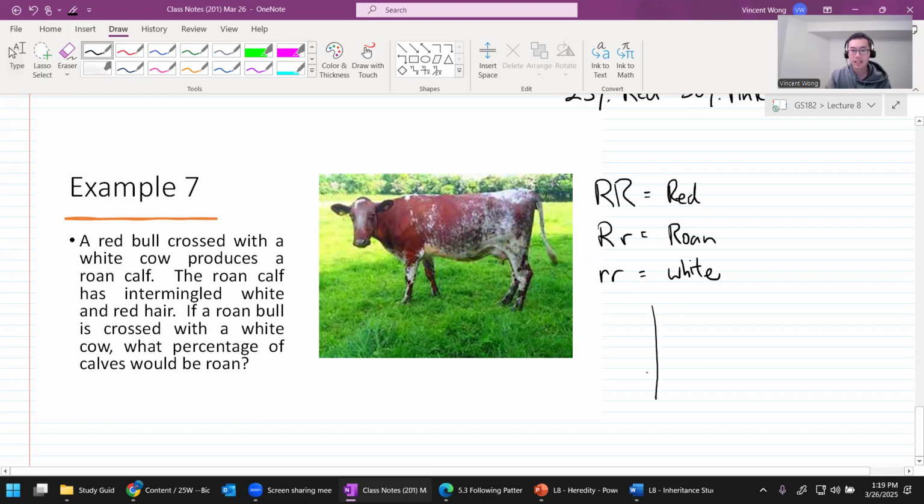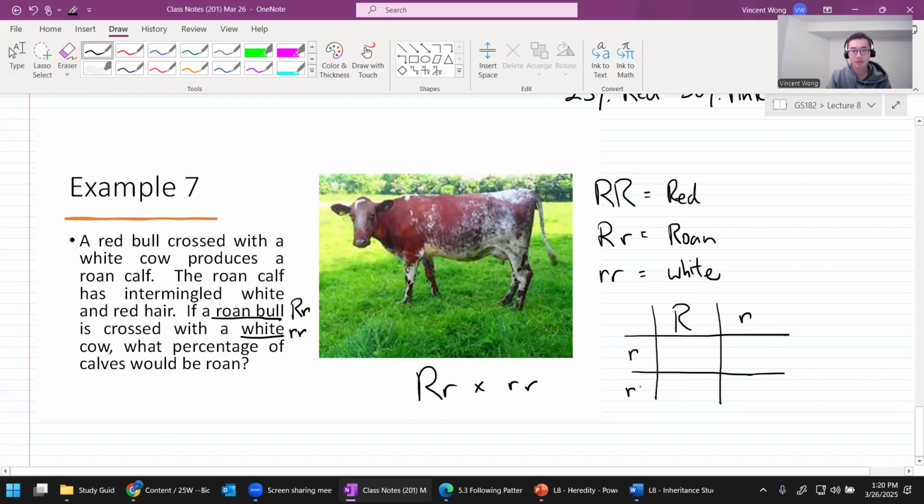It's basically the same situation as the previous question, but this time we are taking a roan bull. Roan bull is big R, small r, and we're crossing it with a white cow. So we can put big R, small r across the top. You could do it on the side. It's not going to affect your answer.